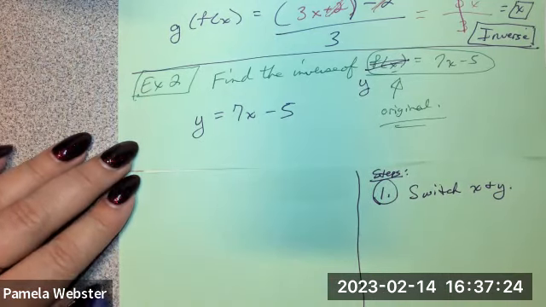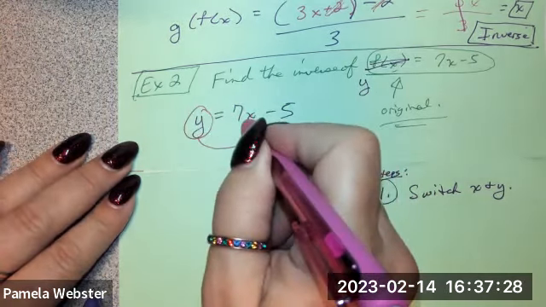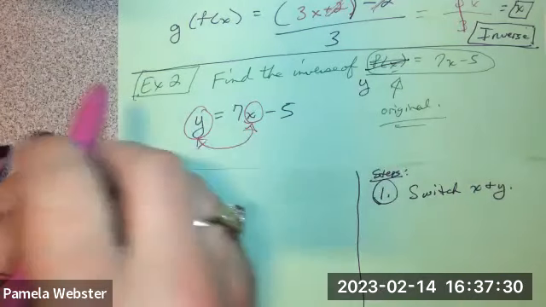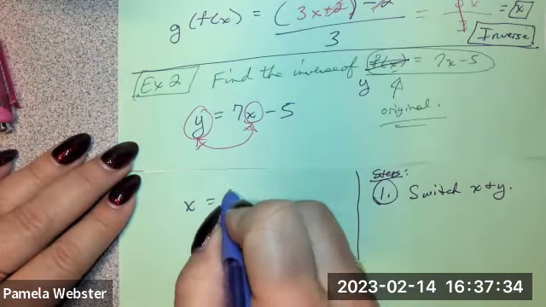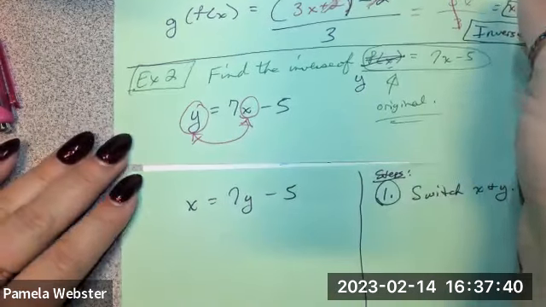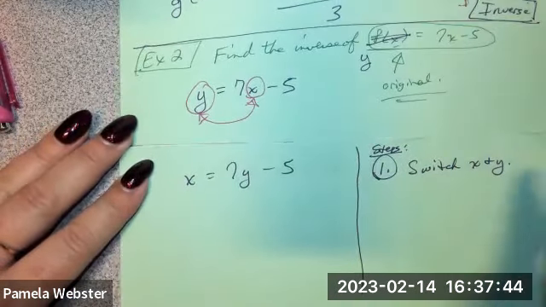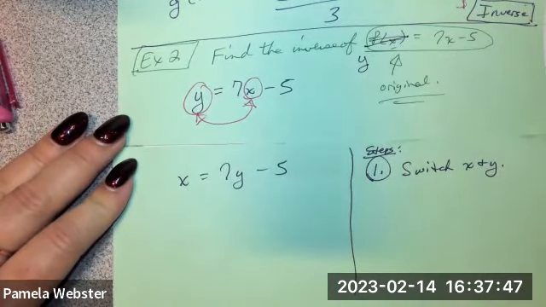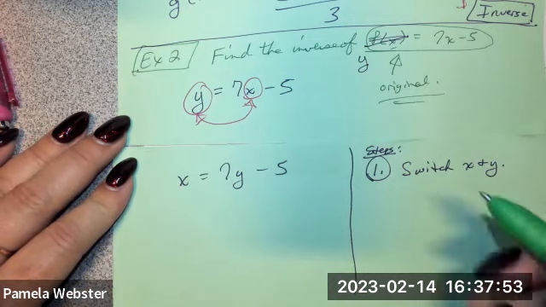I'm literally going to just move this variable over here and move that variable over there. Swap them. Okay, so that is x equals 7y minus 5. So the idea here is that we're looking for inverses, which means everything's kind of an opposite operation. So in order to undo the math that's there, switching them will help us. Okay, so that's step number 1, switch the x and y.